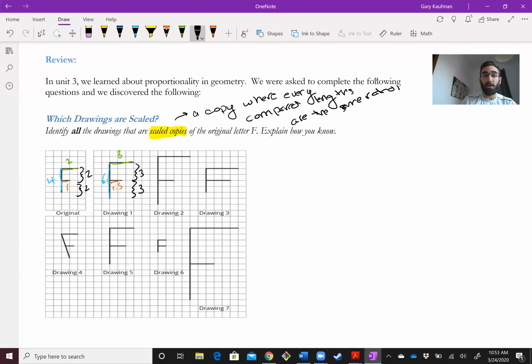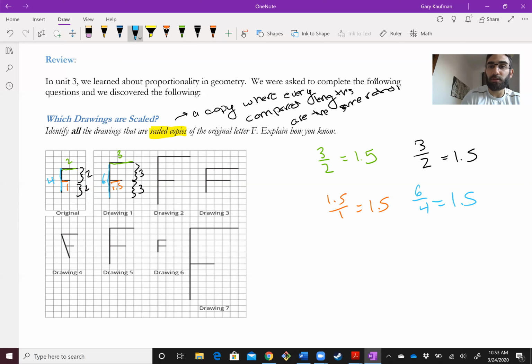Well, I color coded on purpose so we can find the ratios. The ratio of the green sides, 3 to 2, that's 1.5. The ratio of the black sides are also 3 to 2, which is 1.5. The ratio of the orange sides are 1.5 to 1, which is 1.5. And the blue sides are 6 to 4, which is 1.5.